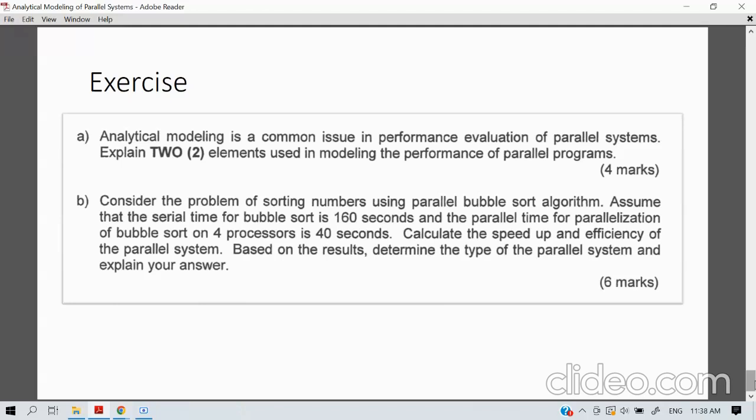Okay, 4 seconds. Otherwise we don't know what the 4 is, 4 minutes, 4 hours, 4 seconds. Okay, so now we have found the speed up.